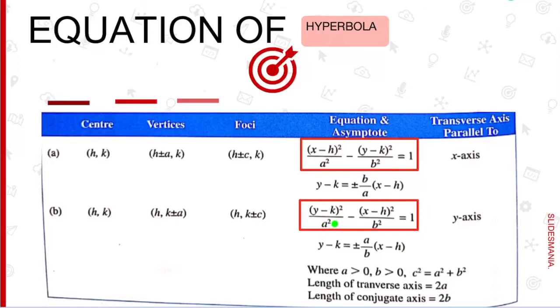As I mentioned before, the denominator of the first term is always a squared, while the denominator of the second term is always b squared. And as usual, your right hand side is equal to 1. So that's it for the equation of hyperbola. Be careful because this is a minus sign.